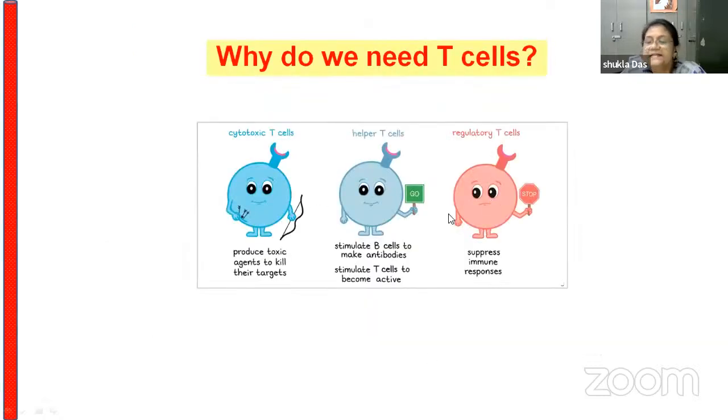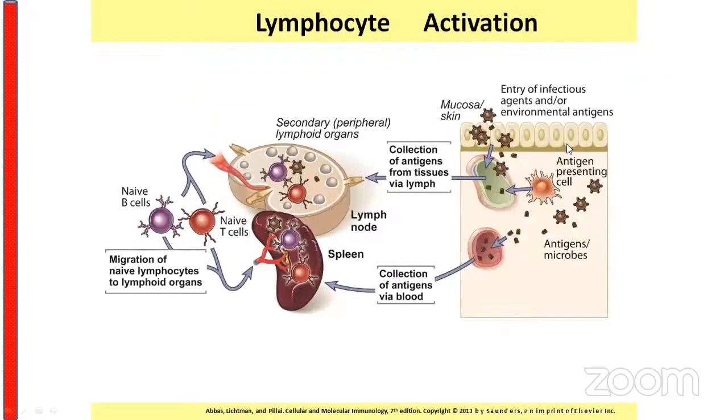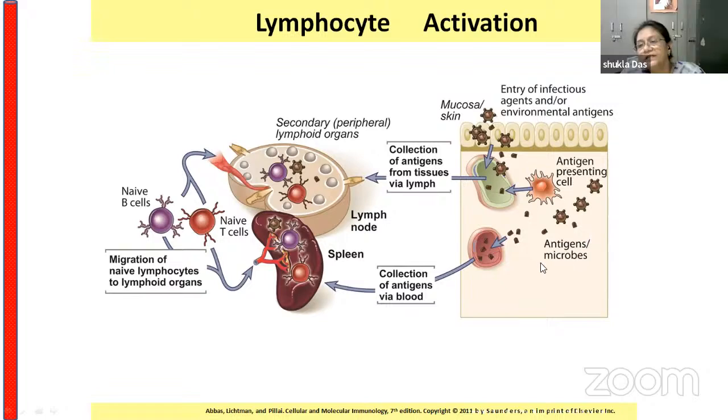What is the T cell doing? The T cell has two actions. One is to kill the target, cytotoxic. The helper T cell will stimulate and produce cytokines, and the regulatory T cell will control these two. Now look at the picture of the dendritic cell. The antigen is being processed by the antigen presenting cell and is going into the lymph node.